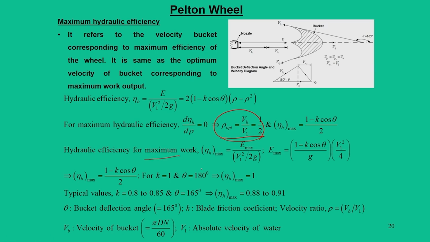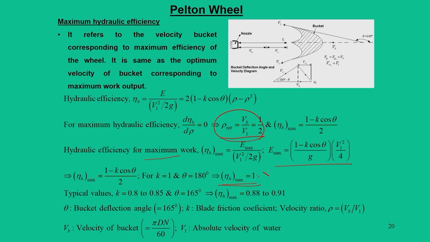And for this optimum velocity, we can also find the hydraulic efficiency for maximum work, and this is the same as what we estimated earlier, that is E max is equal to (1 minus k cos theta) by g into V1 square by 4. Now, by closed loop we can say that when theta is 180 degrees, we can have a maximum hydraulic efficiency of 1. But if you do this, we will have another problem: theta becoming 180 degrees means that the exit velocity will oppose the inlet velocity, which will have a detrimental effect on the power production.